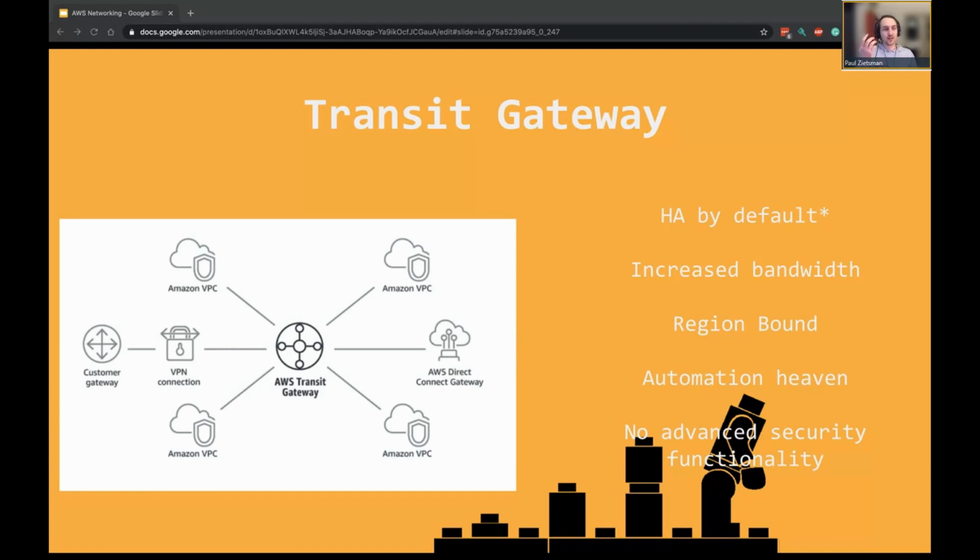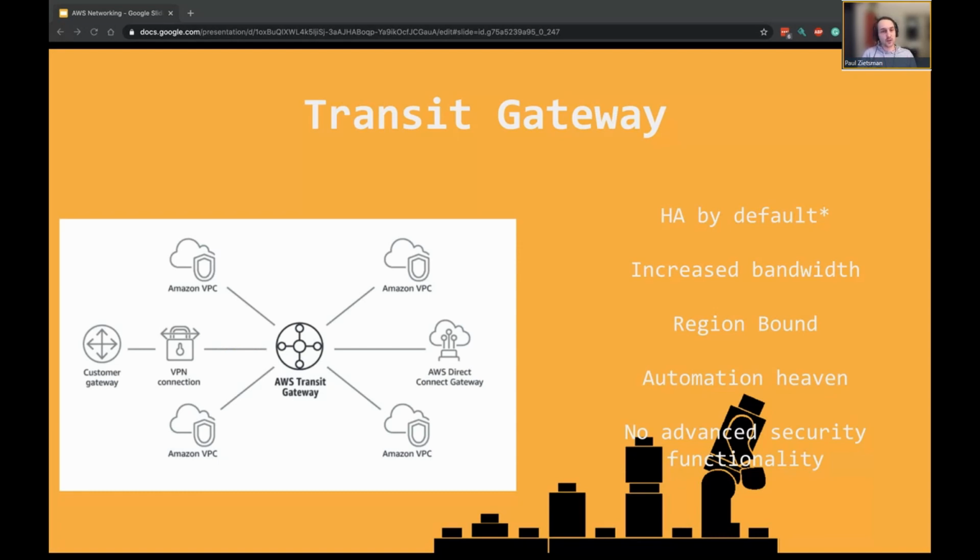Some of the cool stuff that came with it, there was a ton of it, but it was HA by default, and I have a bit of an asterisk there. Your Transit Gateway is highly available. Your attachments to your VPCs aren't necessarily highly available. You have to attach it into subnets in multiple availability zones.